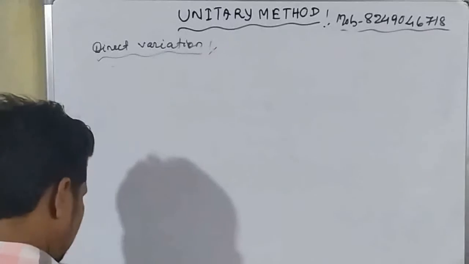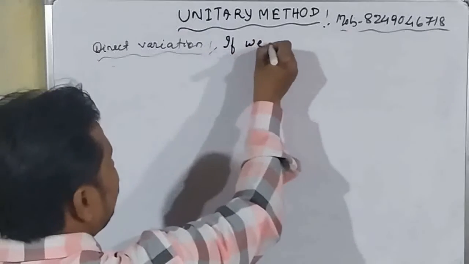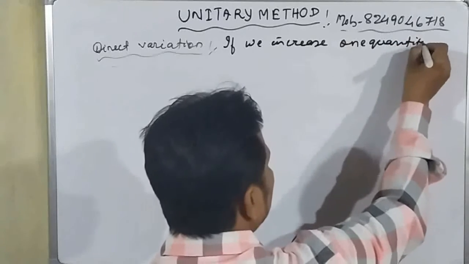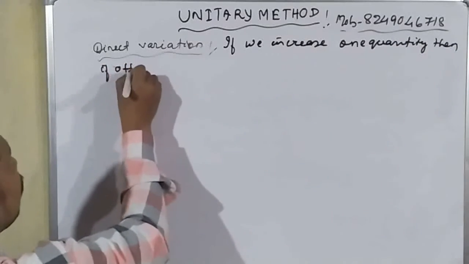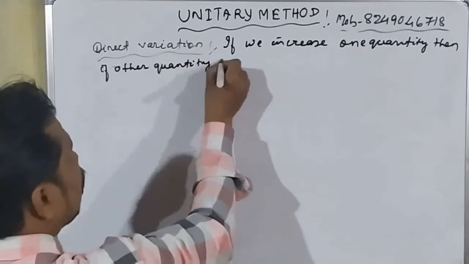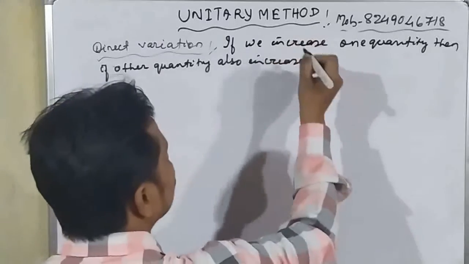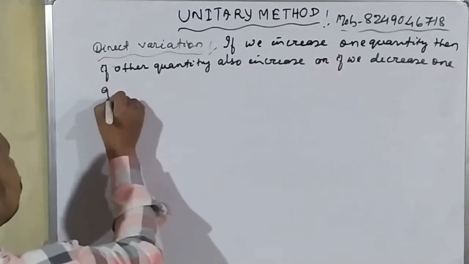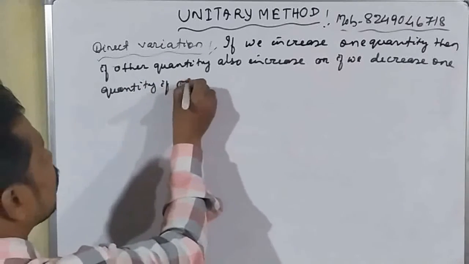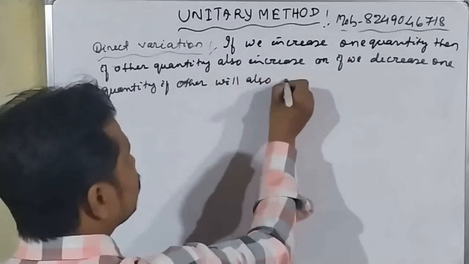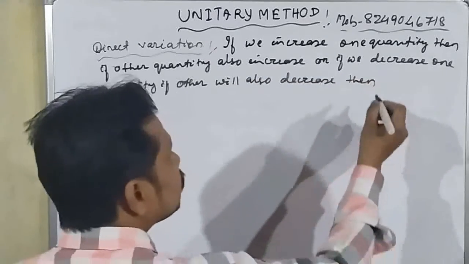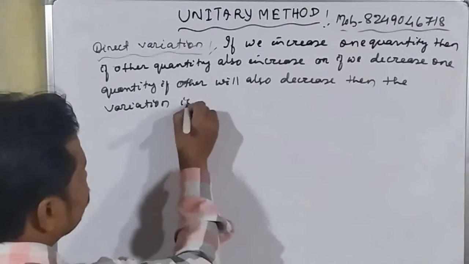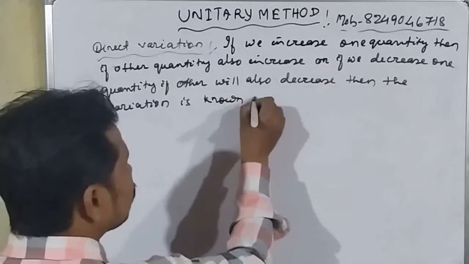If we increase one quantity, then if the other quantity also increases, or if we decrease one quantity, if the other also decreases, then the variation is known as direct variation.